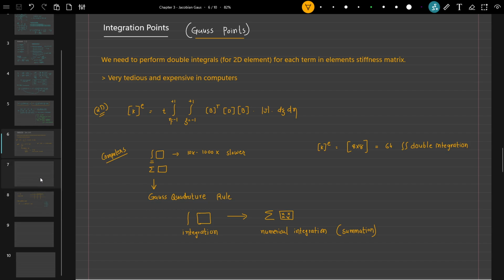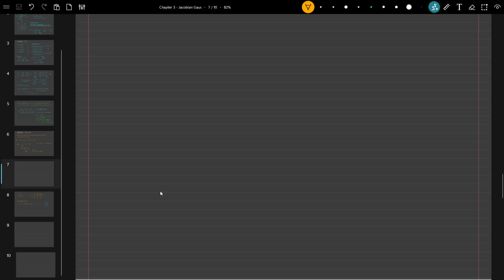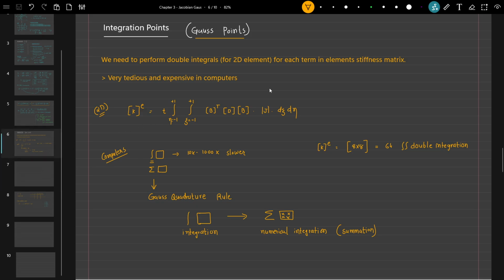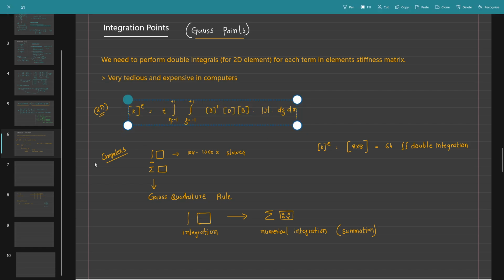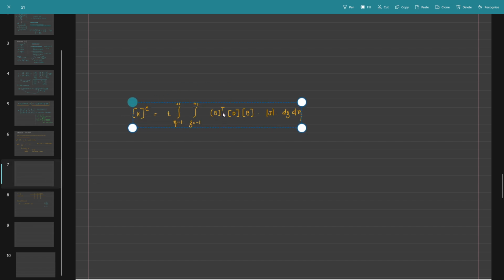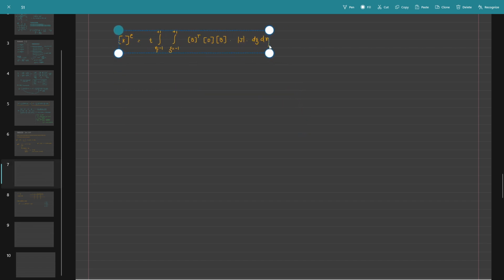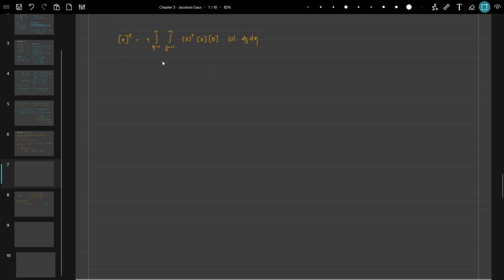Now let's talk about Gauss quadrature. After understanding the purpose of Gauss quadrature, we have this element stiffness matrix, and these are our 8 by 8 terms, 64 matrix terms.